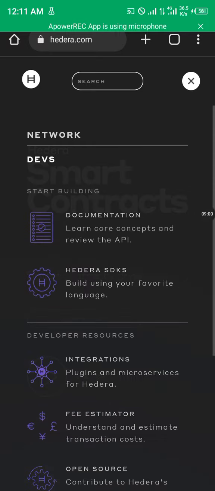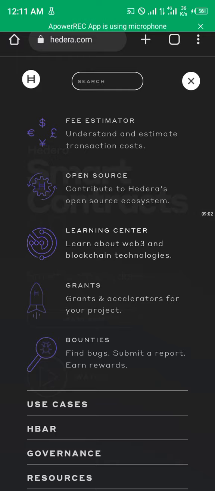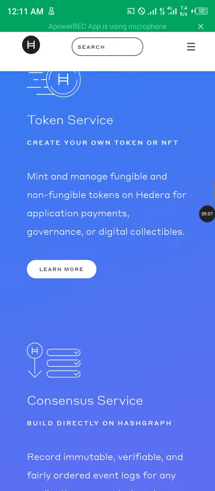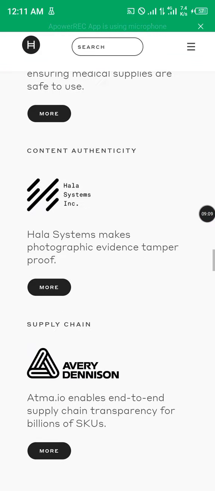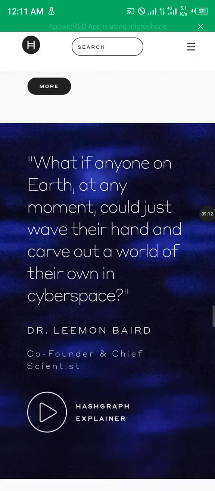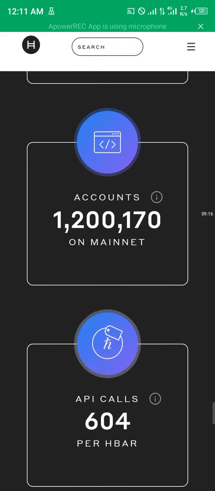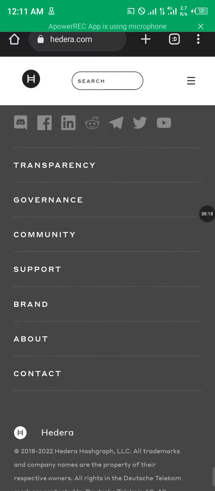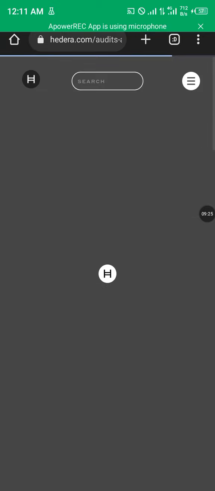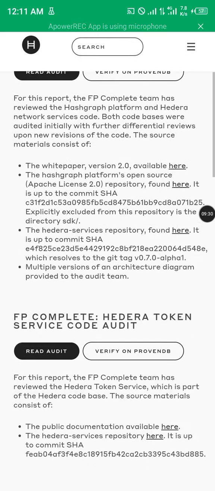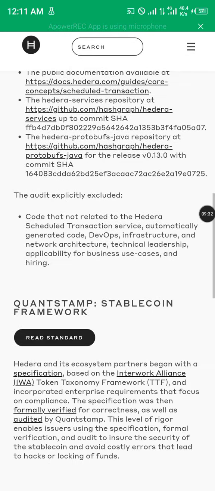So we're going to be looking at who is in charge of the project, like are they decentralized or centralized? That's one thing. Even if they're decentralized, are they doxed? Let's look at the transparency, the audit. Also you want to look if they're audited. That is way so damn important.